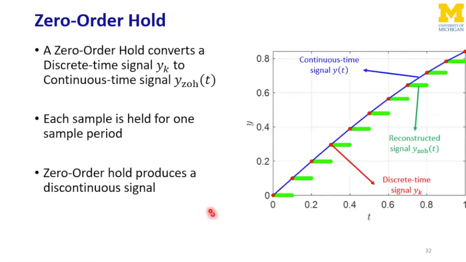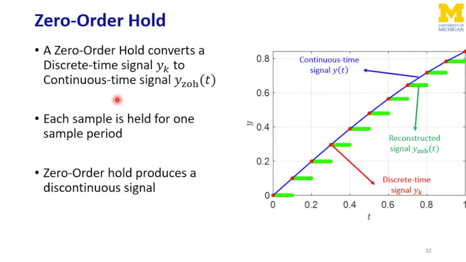Okay, so we need one more trick to construct an exact discrete time system for a continuous time LTI system. We need what we call the zero order hold. A zero order hold basically converts a discrete time signal, y of k, to a continuous time signal. So it's the opposite of sampling.